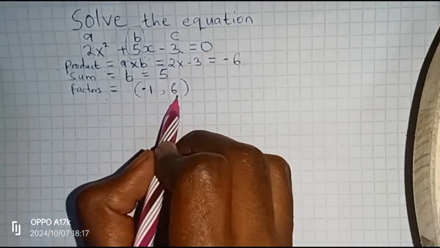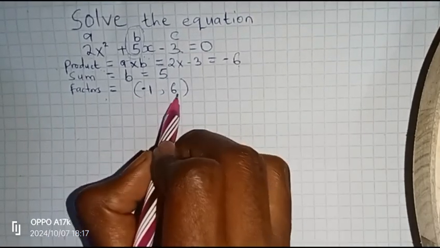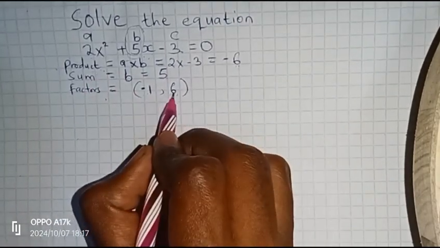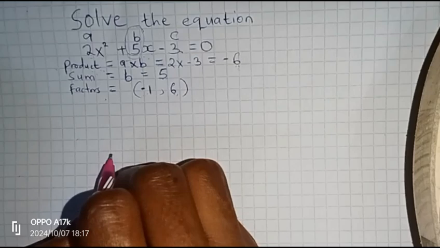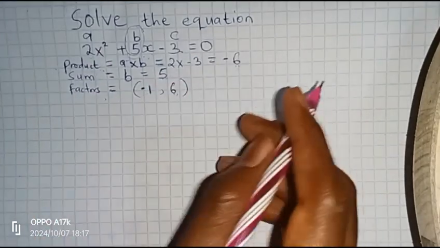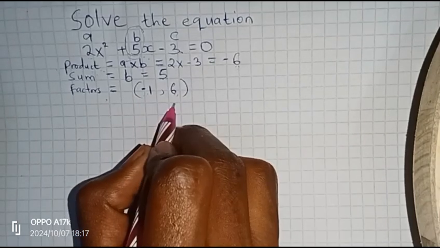Negative 1 times 6 will give you negative 6, which is your product. Negative 1 plus 6 will give you 5, which is your sum. Now these factors are okay, so you can proceed to solving the equation.